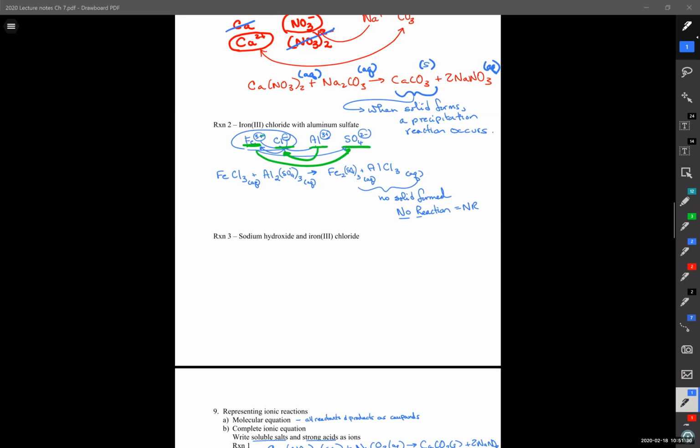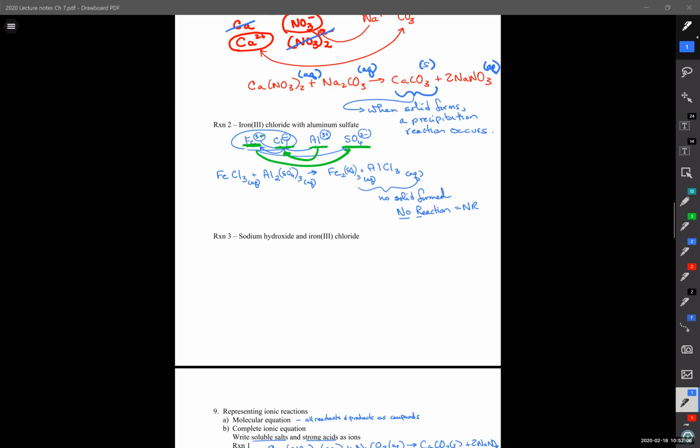Then when you do the products, you take the iron and put it back with this one. Positive charge, so compounds always pick the opposite.